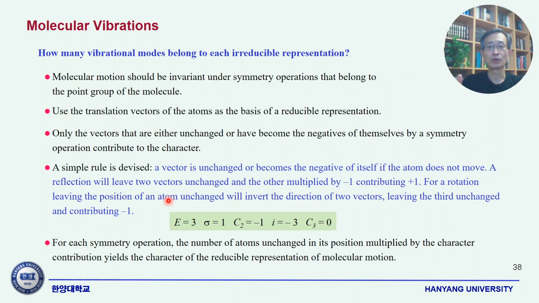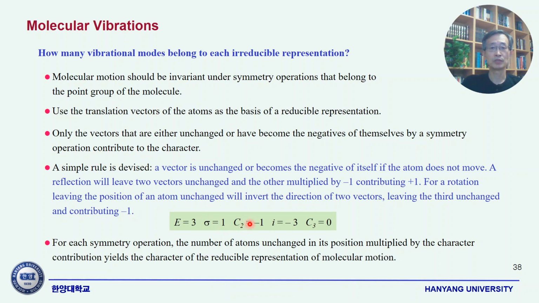That's the contribution. So the E operation, this identity operation, doesn't change any position of the atom nor the direction of the translational vector. So each atom contributes 3. And sigma is a reflection. If an atom does not move for the reflection operation, it can contribute, but two coordinates do not change and one coordinate changes sign, so it contributes +1, +1, -1 is +1.